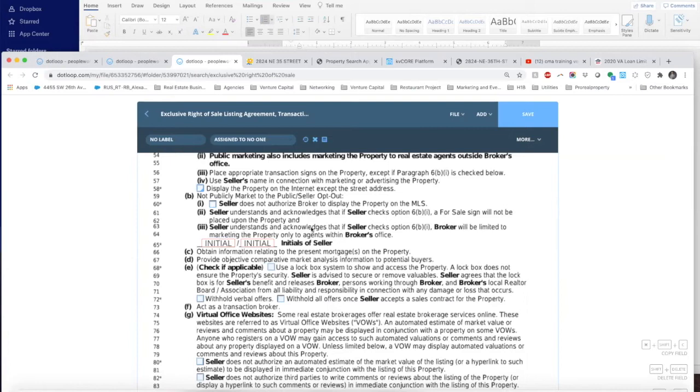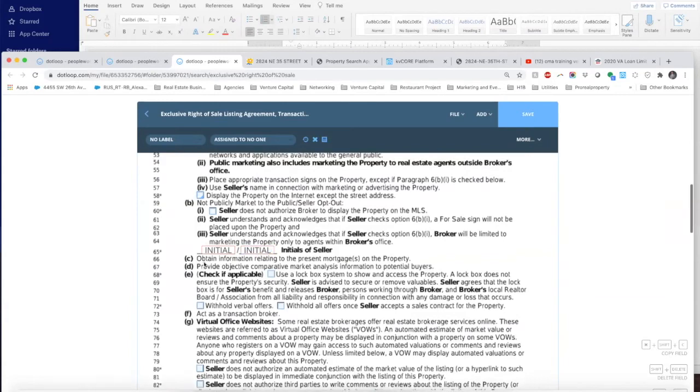Next, seller understands and acknowledges that if seller checks option 6B1, which is seller does not authorize the broker to display the property on MLS, broker will be limited to marketing the property only to agents within the broker's office. So basically, if the initial and the check mark are here, we can advertise it only among each other within our own brokerage.